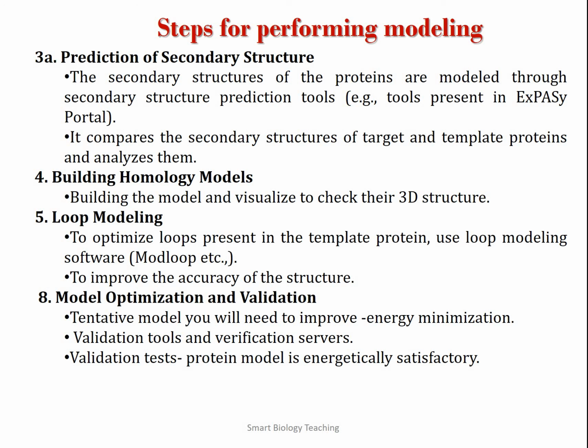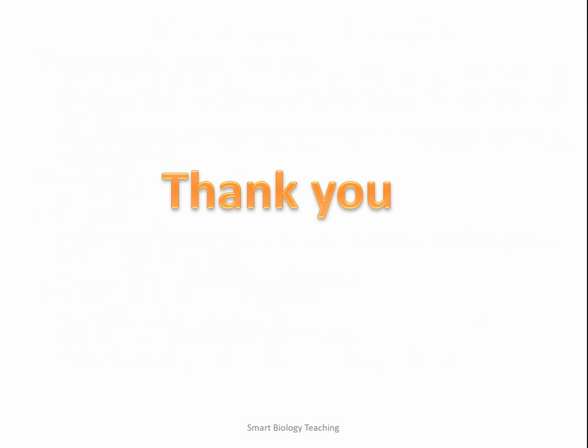You can apply your energy minimization methods and get your energy-minimized structure. Then you can validate these structures using freely available verification tools such as ProCheck and WHAT IF. These programs help in validating your structures, and this validation test will provide you the energetically satisfactory model, and this model can be further used for your experimental approaches.